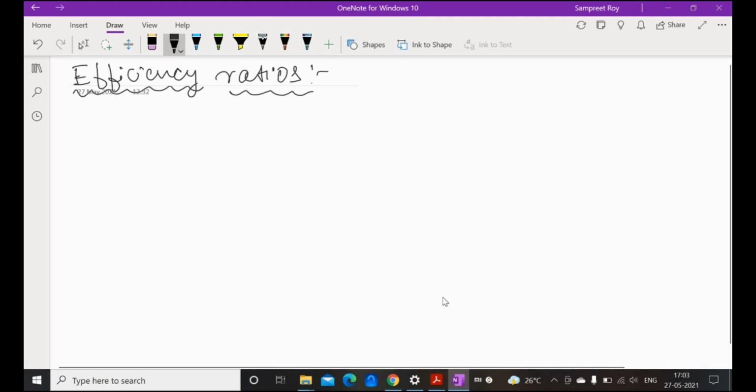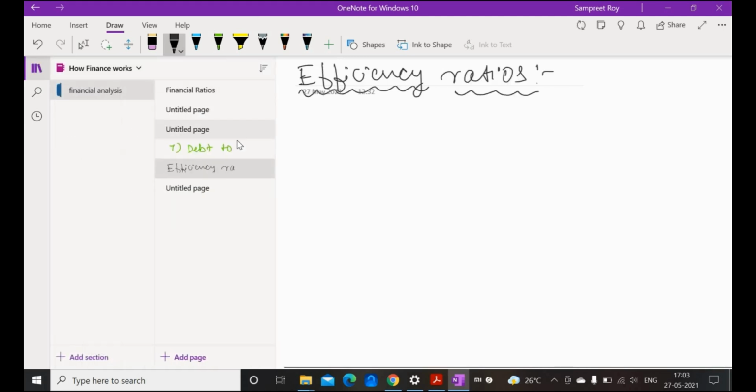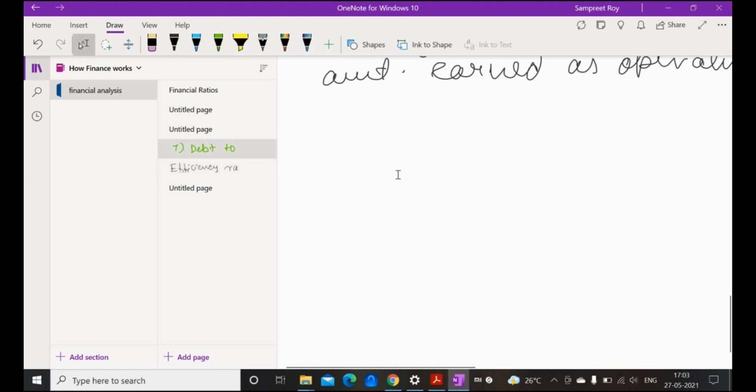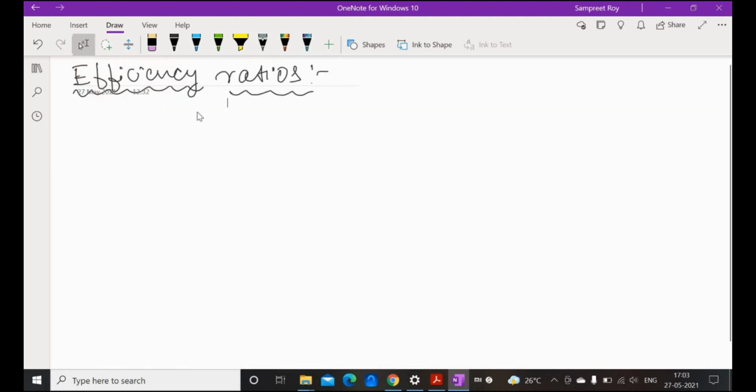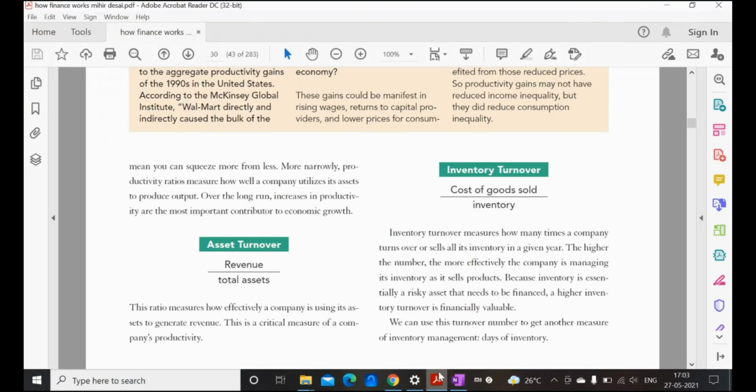Right? Efficiency ratios. So the first efficiency ratio, or the 11th ratio, is the asset turnover ratio.